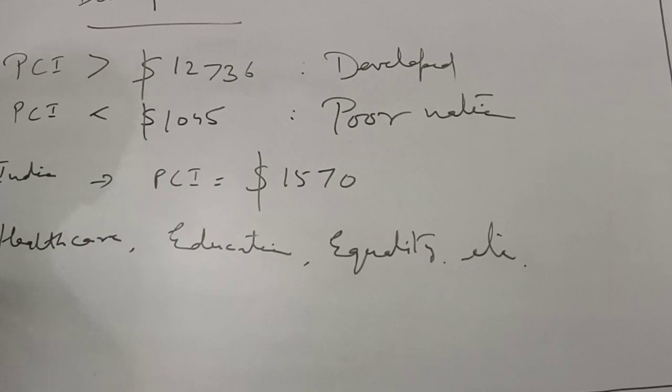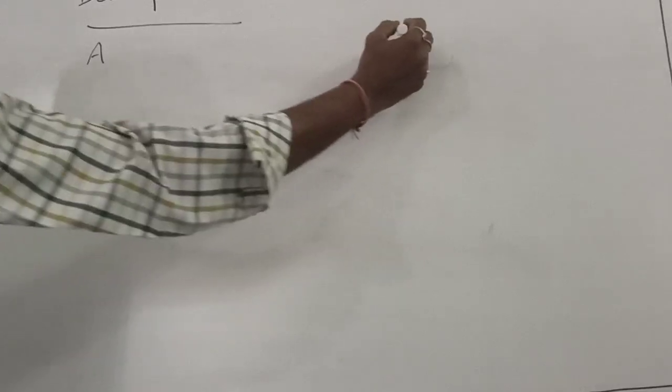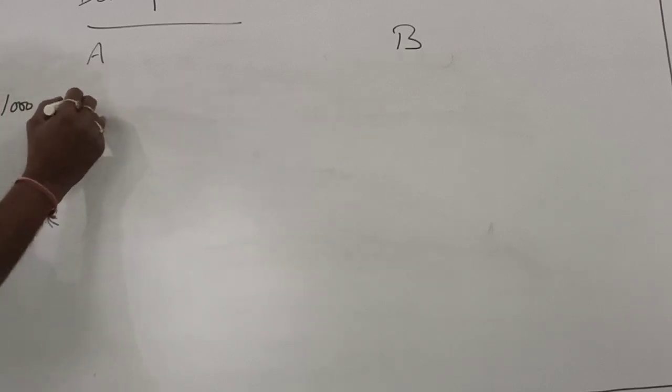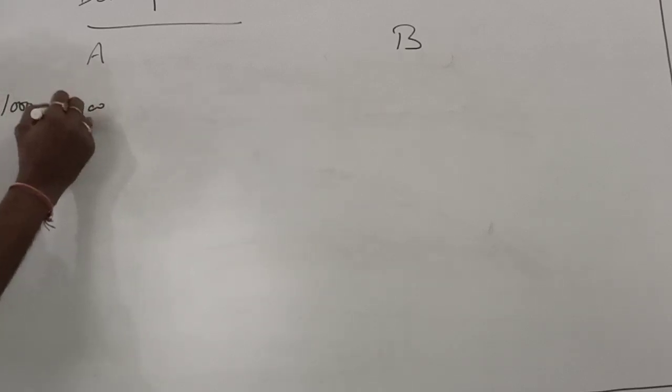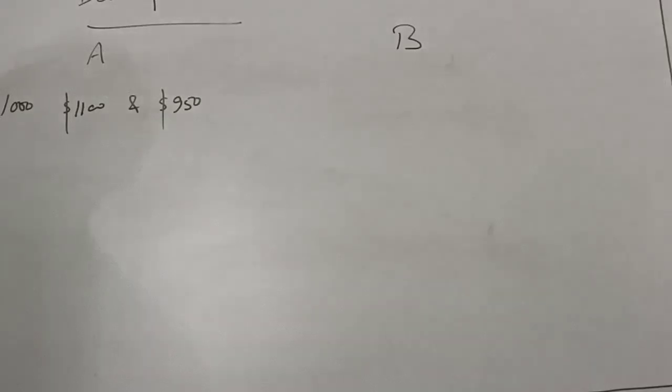For example, we can take a nation A in which there are people drawing salaries of $1,000, $1,100, and say $950.